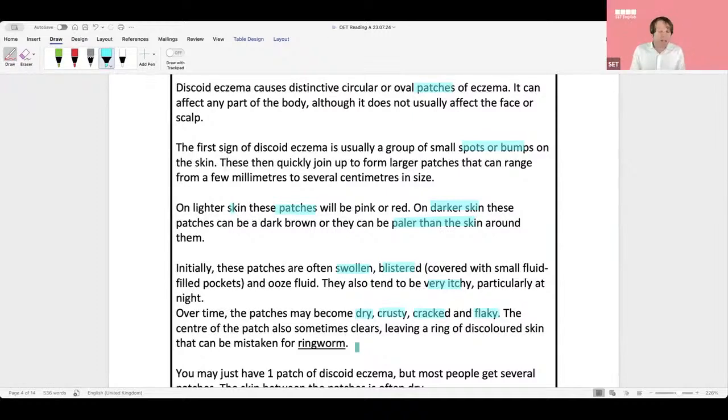Okay, good answer. These are the thematic words. They're the same group. Guys, these are all symptoms, right? So I call this thematic skimming. If we see lots of words in the same group, then that's probably the main idea.